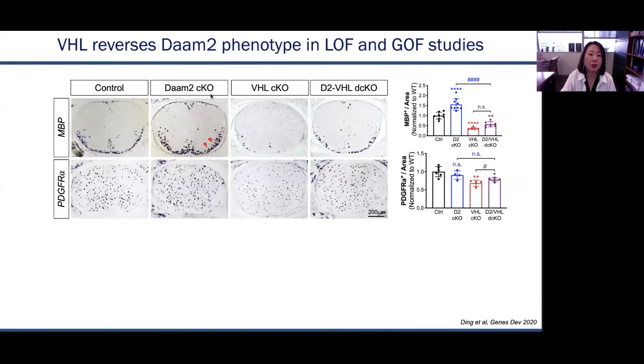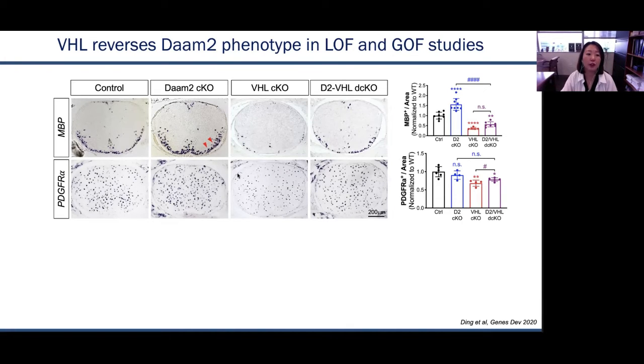As I showed you, TEM2 conditional knockout shows more oligodendrocyte differentiation. VHL conditional knockout is very much impaired, because we expected those two functions to be antagonistic. When we made the double knockout, the double knockout phenotype is actually reversed relative to either single knockout, suggesting that TEM2 and VHL have an antagonistic relationship.